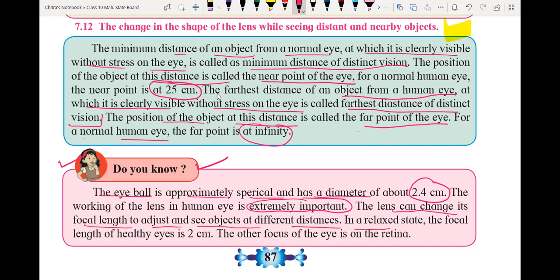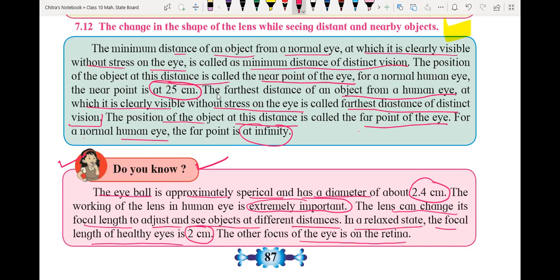In the relaxed state, the focal length of the healthy eye is about 2 centimeter. The focal length of the normal eye in the relaxed condition is about 2 centimeter, and the image is focused on the retina.